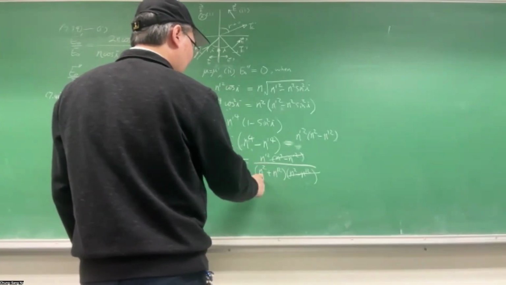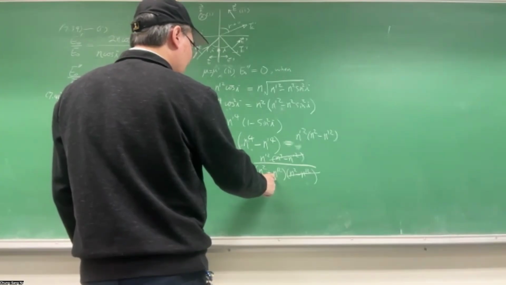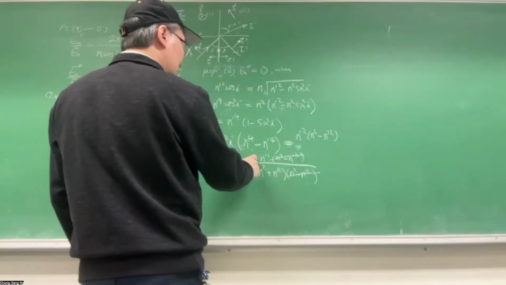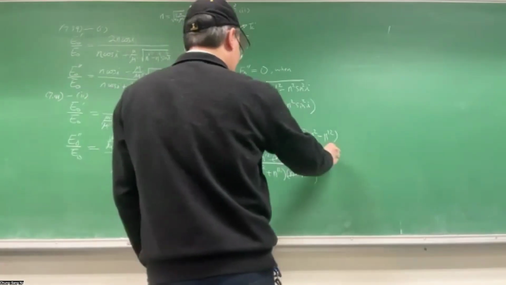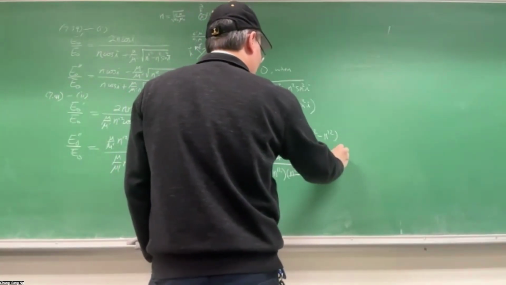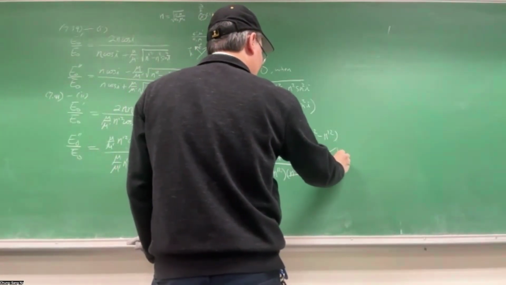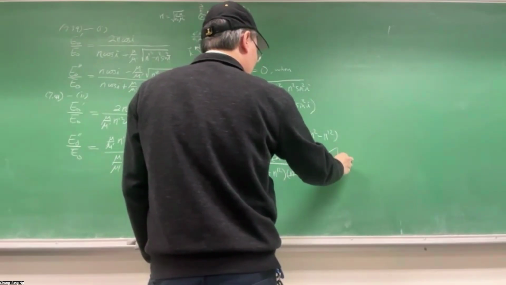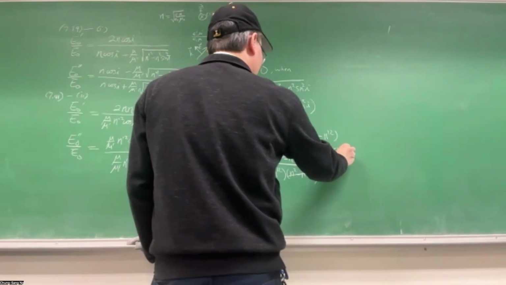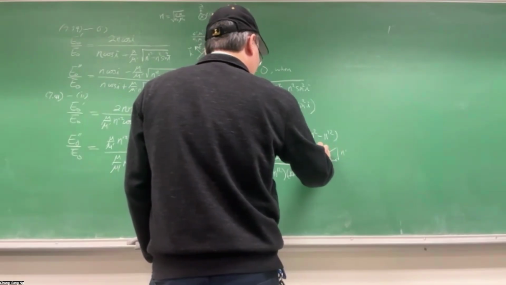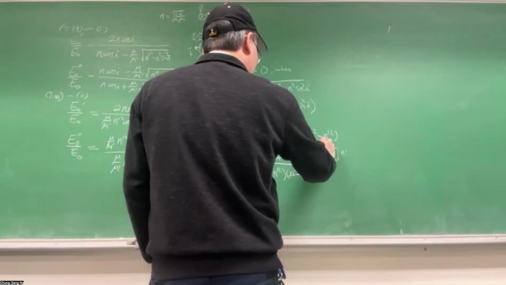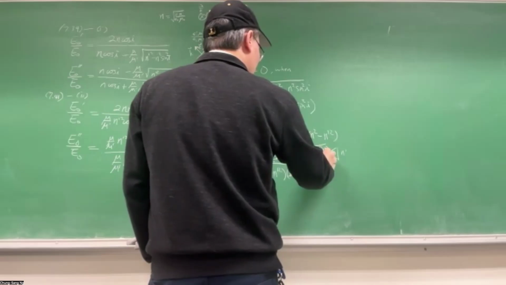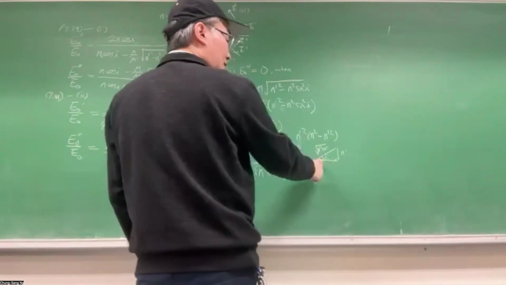By realizing this is sine square, and this is n prime square over n square plus n prime square, this looks like a triangle. If you just draw a right triangle, sine is, so if this is n prime, this is square root of n prime square plus n square. This is I. That is sine, right?